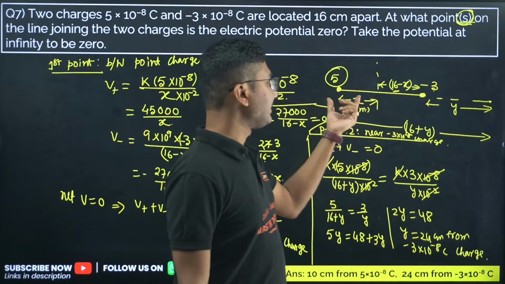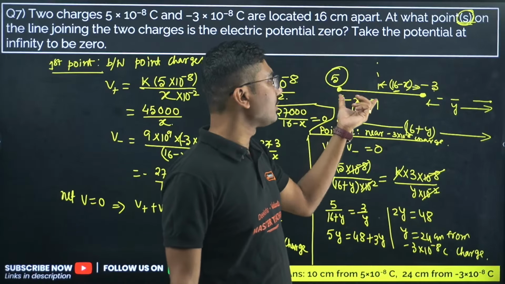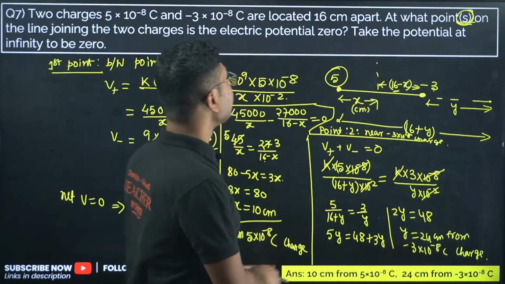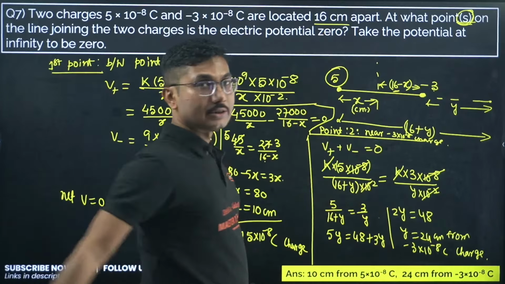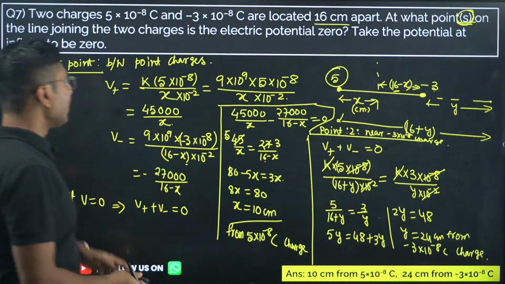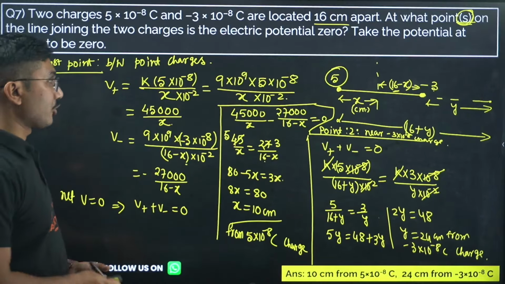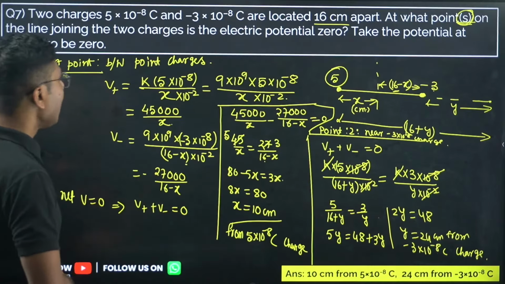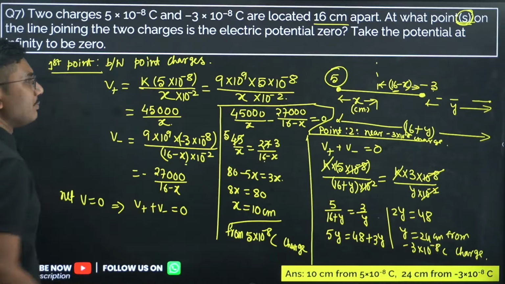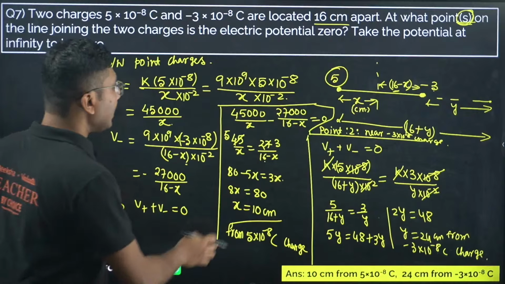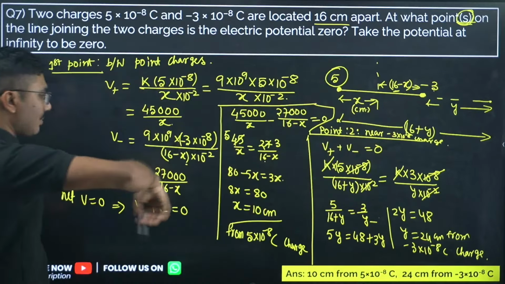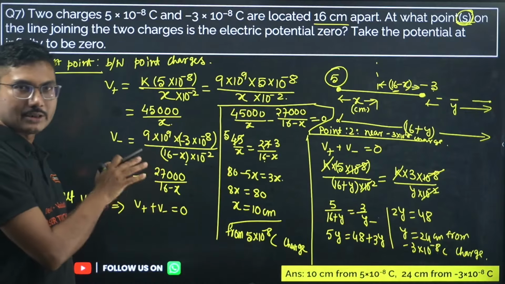So first you take the distance x from one charge, so automatically it will be 16 minus x from the other charge, because the distance between the charges is given in this question. So you calculate the individual potentials, but the mistake I made while solving this question is that I simplified it. Simplification was actually not required. If you had directly put it like I have done in the second part, the answer would be much simpler.